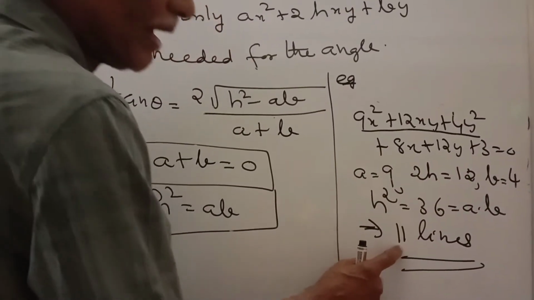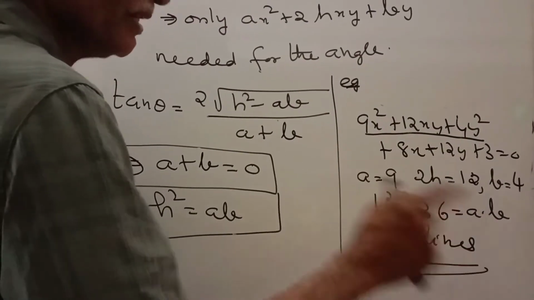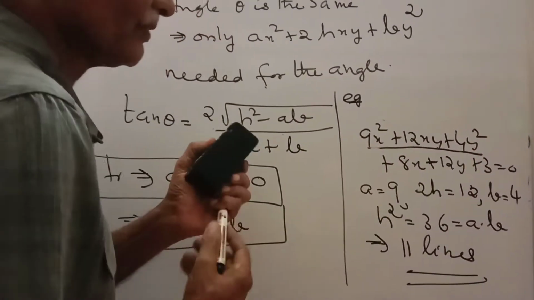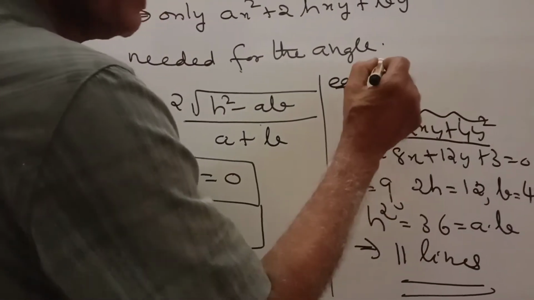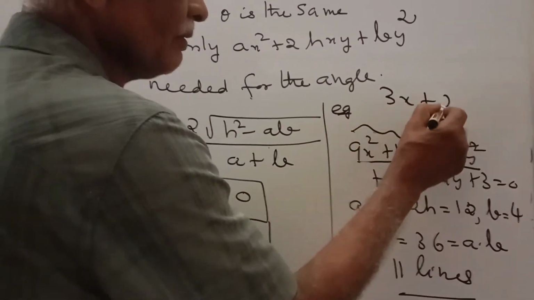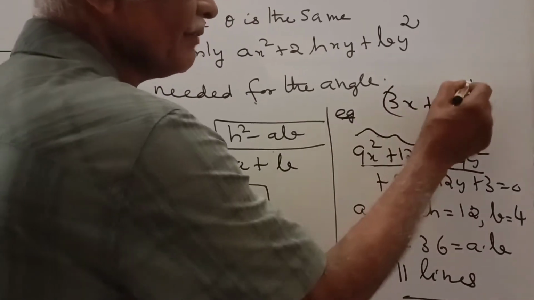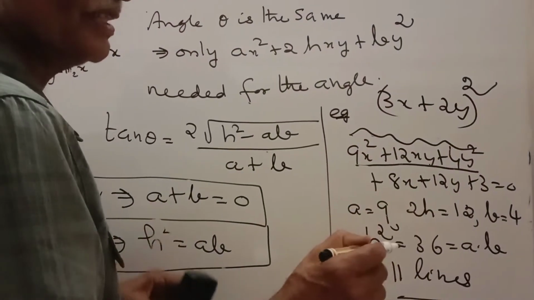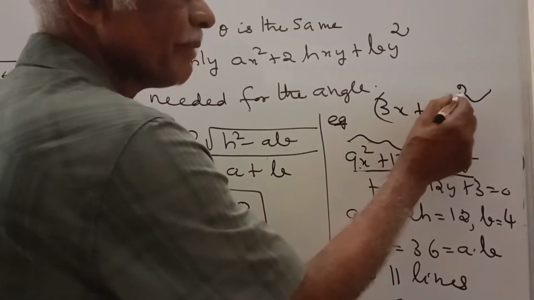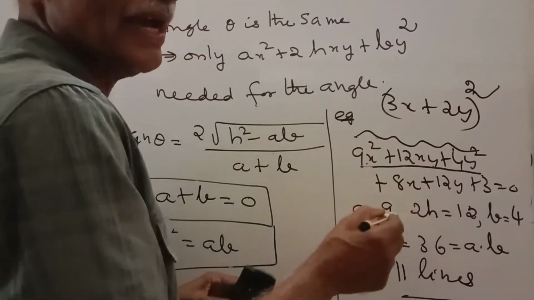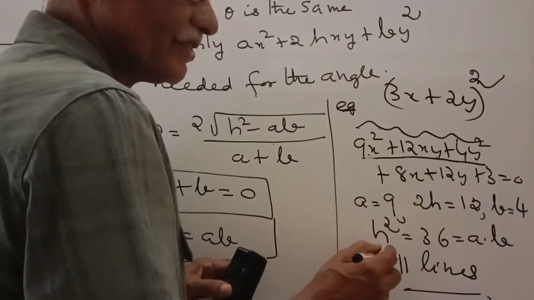The lines are parallel. Now we observe the second degree terms: 9x squared plus 12xy plus 4y squared is actually 3x plus 2y the whole squared. So in the general second degree equation, if the homogeneous part becomes a perfect square, then the angle is 0 or the lines are parallel.